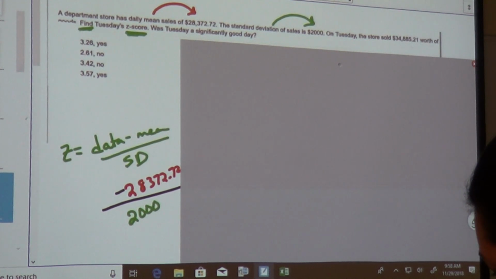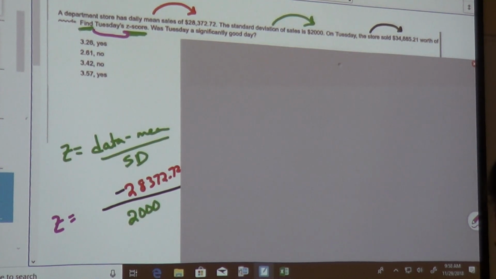And on Tuesday, the store sold 34 and some change. That is your data, because the question says find the z-score. So the z is what we don't know. 34,885.21. So this one, we don't have to get anything by itself because it's already alone.